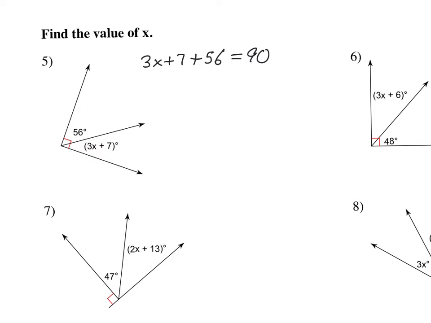Now, we look at this as a normal equation. So we're kind of jumping back into equations. We want to add or combine our like terms. 7 and 56 are just numbers, so they can be combined together. The 3x has to stay by itself. So I take 56 and I add 7 and I get 63.